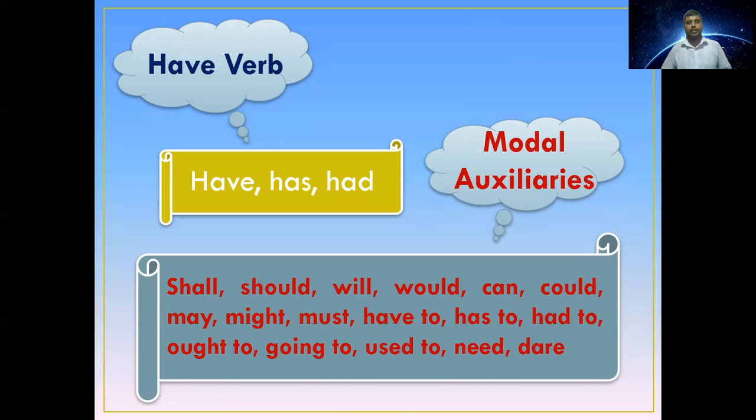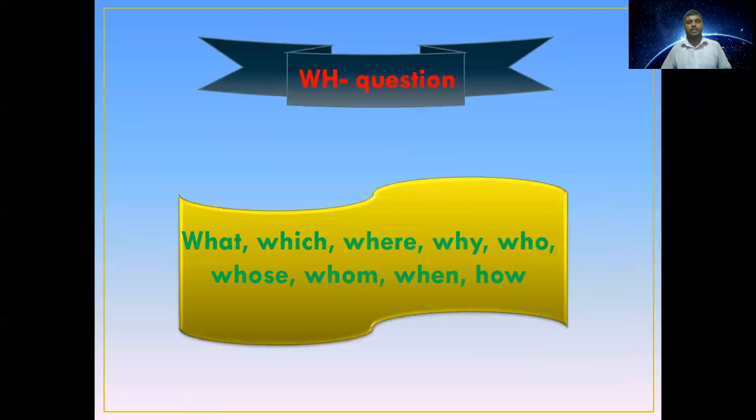So, my dear student, in the next slide there are the WH questions. What is a WH question? In the shape of the WH question: what, who is, where, why, who, whose, whom, when, and how.